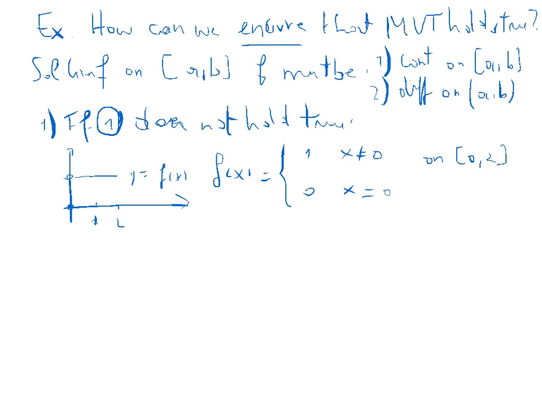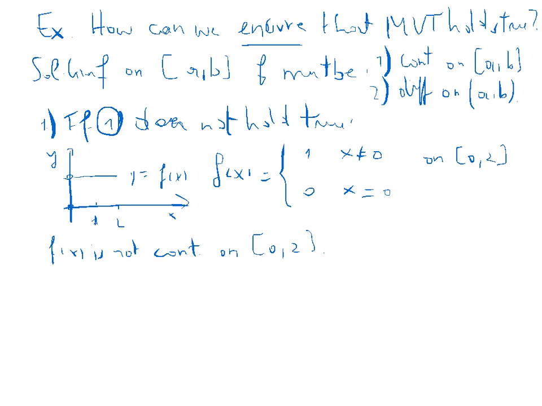So clearly the function f(x) is not continuous on the interval from 0 to 2, and therefore, property 1 of the hypothesis of the mean value theorem does not hold. Let's see whether the mean value theorem still holds.